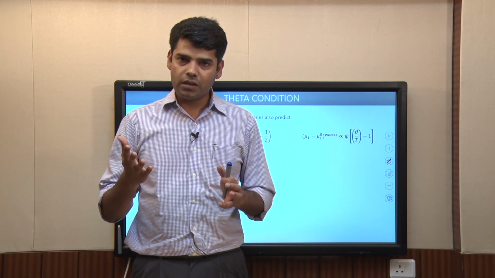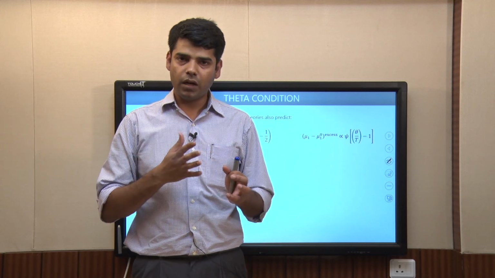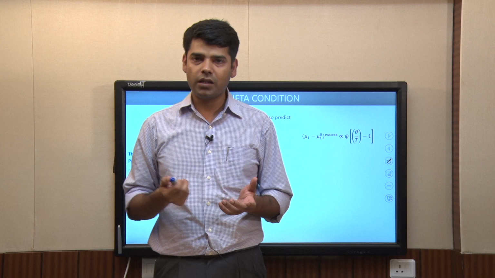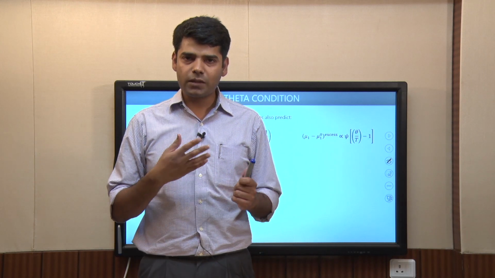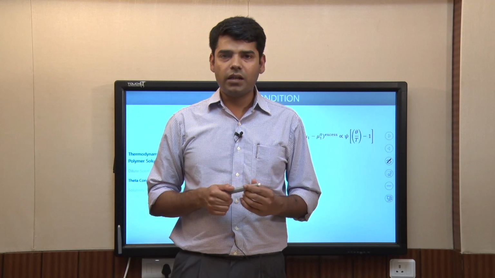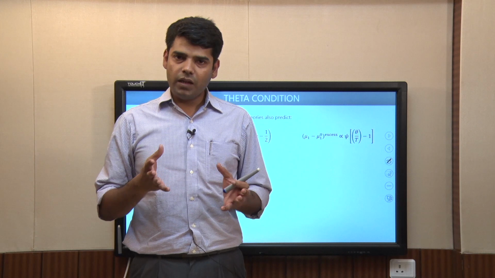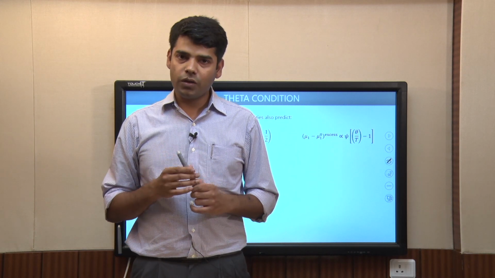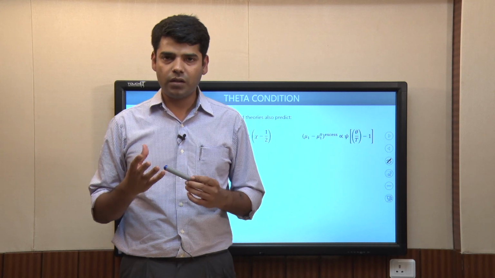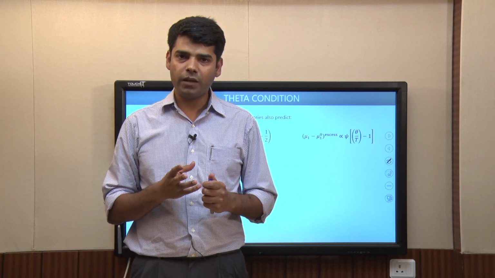So, what happens when the value of chi is above half or below half or equal to half, or what happens when the temperature is above the theta temperature or below the theta temperature. So, we have explored all these different conditions, but at the beginning we also discussed that the Flory-Huggins theory is not a very good theory for dilute solutions, because one of the assumptions involved is that of mean field approximation.